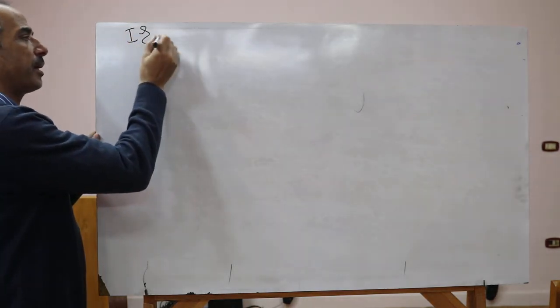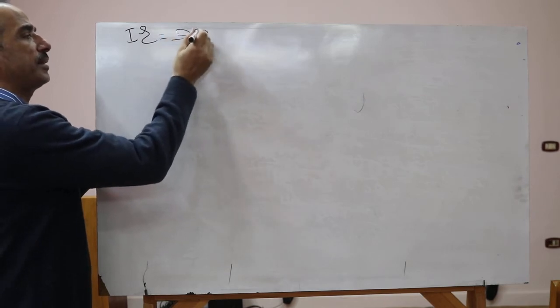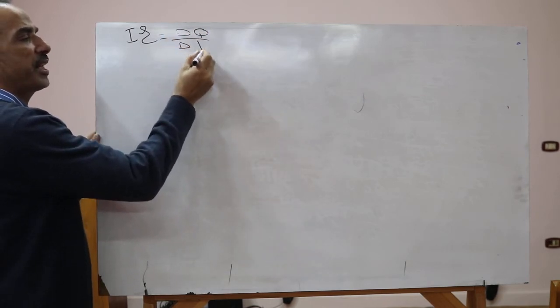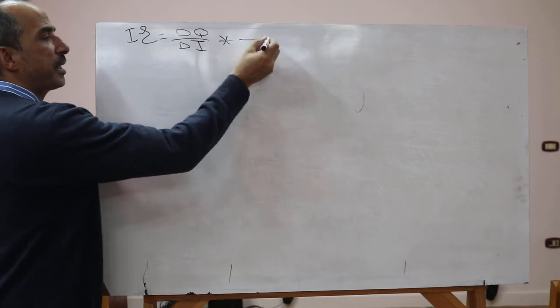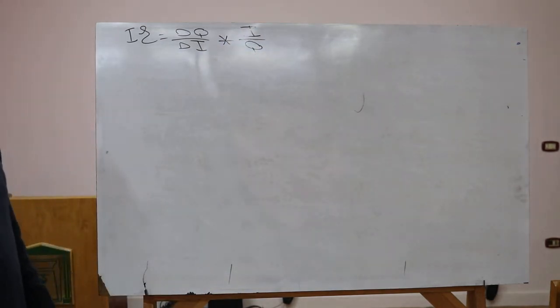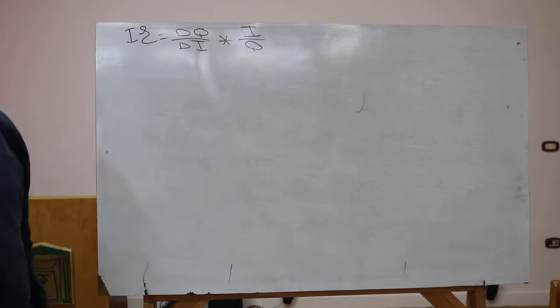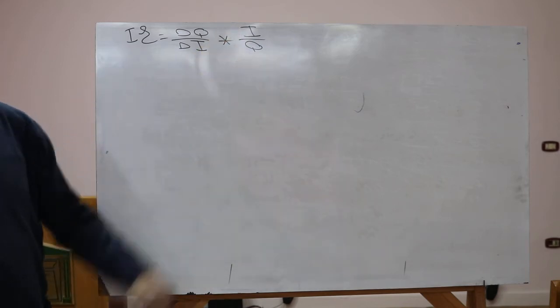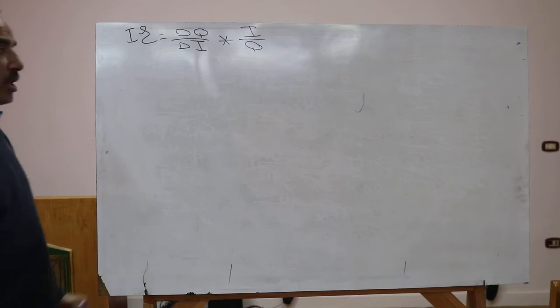Income elastic equals change in quantity over change in income, times income over quantity. This means change in quantity and this change in income, the income before change over quantity before change.